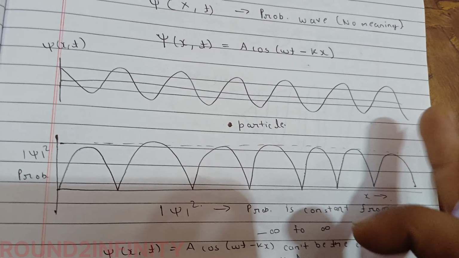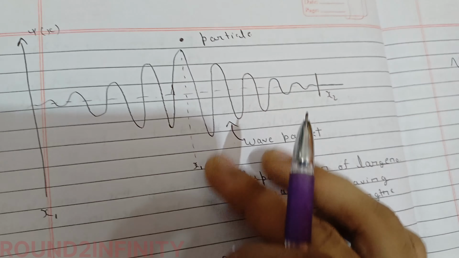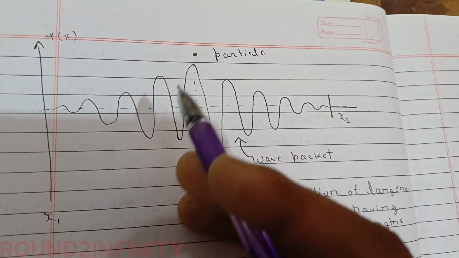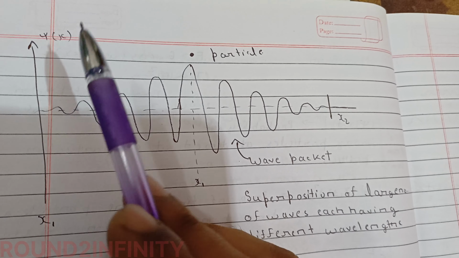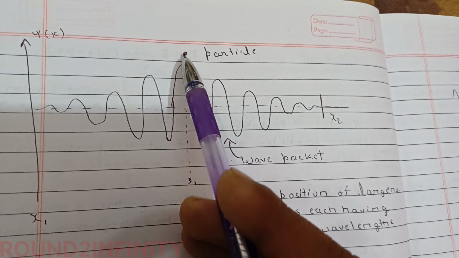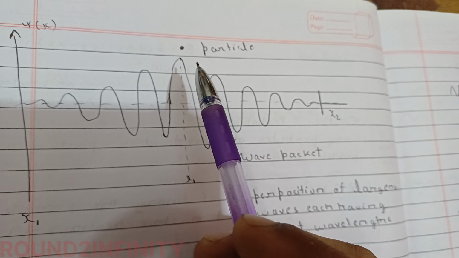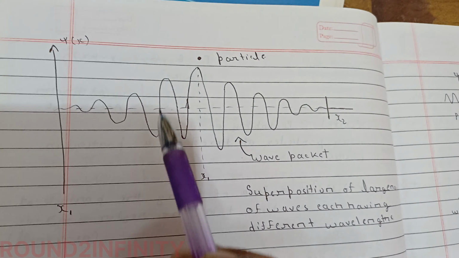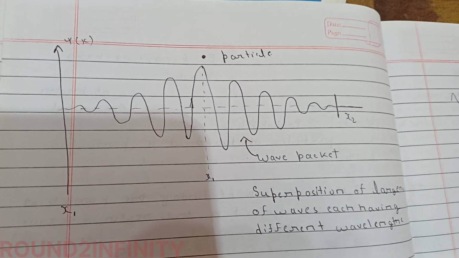Now what kind of expression should this be? We'll see that in the next lectures. But the graph should look like this. If this is your wave function representing probability, and your particle is here, then in the wave nature the probability should be more in this region and less in the other regions.